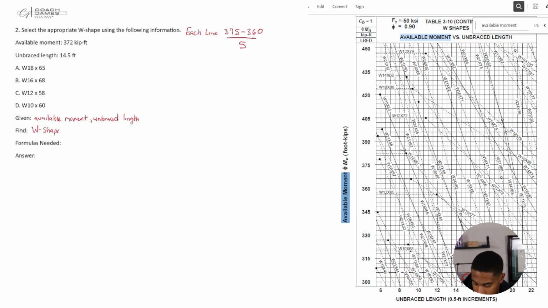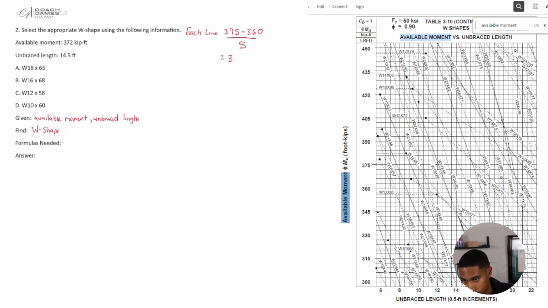And so each line should equal 3. So let's check it to see if that analysis makes sense. So 363, 366, 369, 372, 375. So I know that each line is in fact 3.